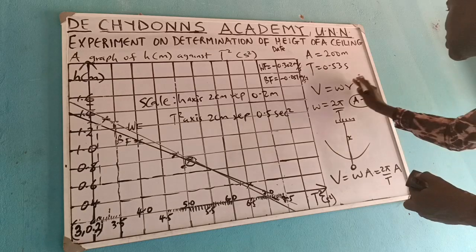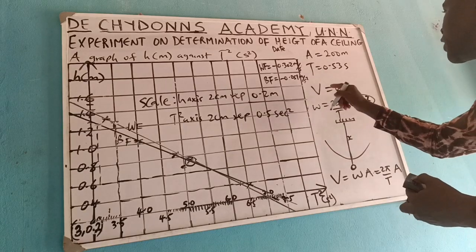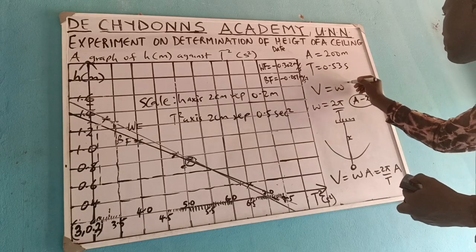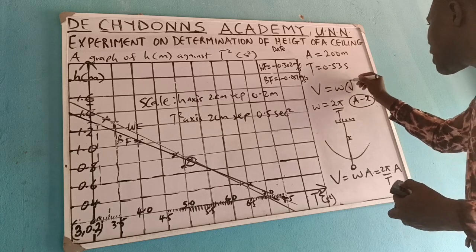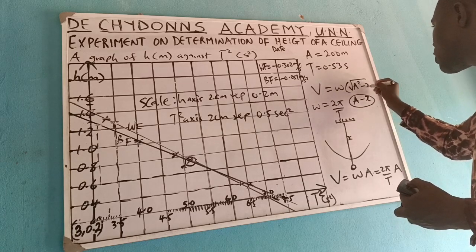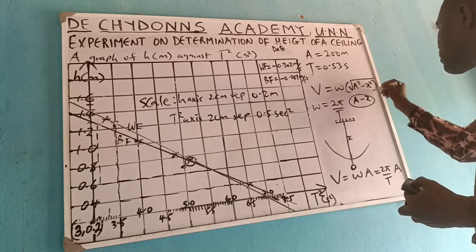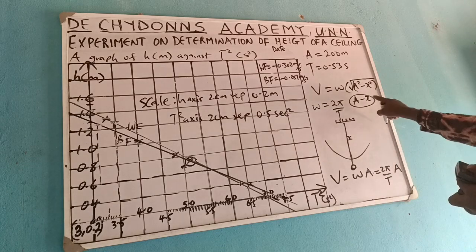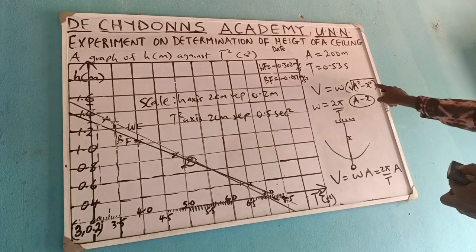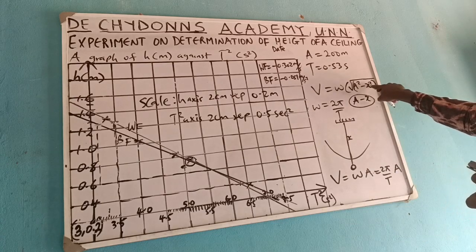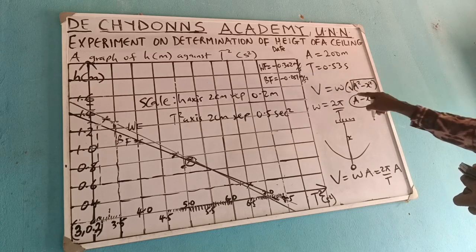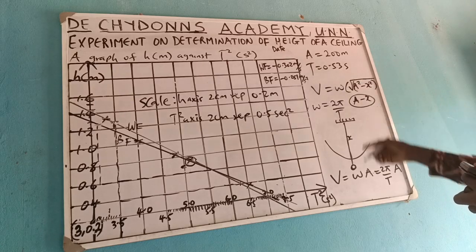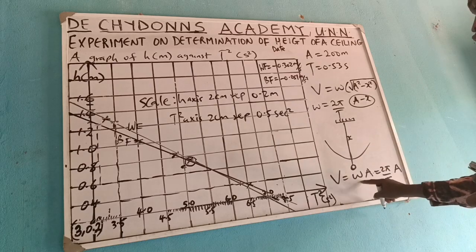We have v equals w times the square root of A squared minus x squared. Are you getting it? We have this formula. Now when we talk about the equilibrium position, x is 0. 0 squared is 0. A squared minus 0 will give you A squared. The square root of A squared will give you A. That's why we got v equal to wA.